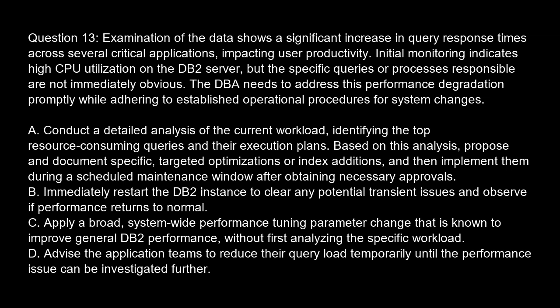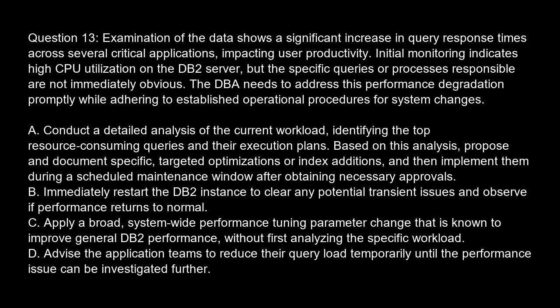Option A. Conduct a detailed analysis of the current workload, identifying the top resource-consuming queries and their execution plans. Based on this analysis, propose and document specific, targeted optimizations or index additions, and then implement them during a scheduled maintenance window after obtaining necessary approvals.